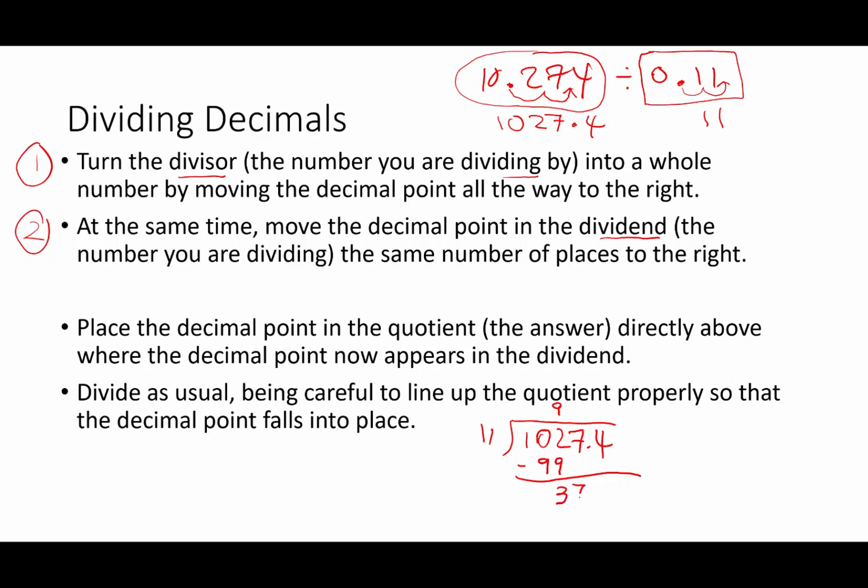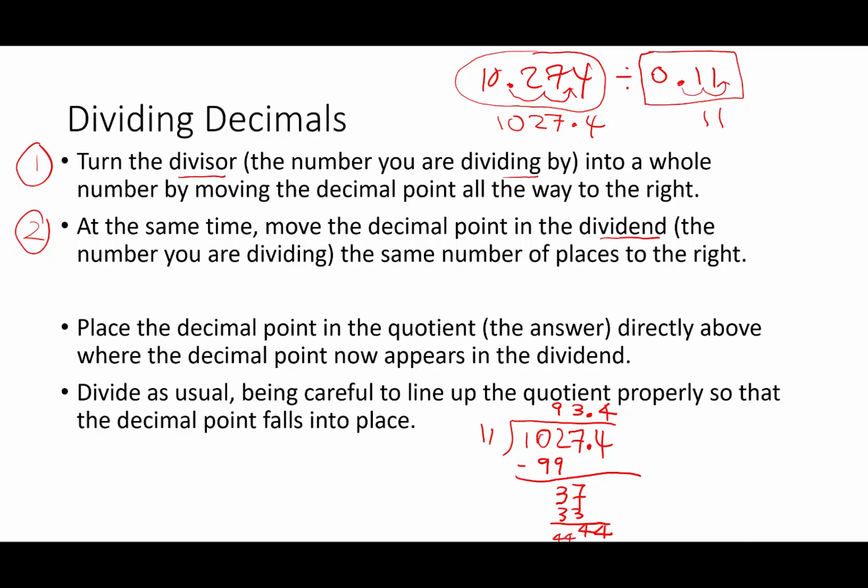Then we bring down the 7 here, so then this will give us 33, and leaves us 44, right? 44, and we put the same decimal point here, and 4, and that gives us 44. I don't have enough space here. 44, okay.